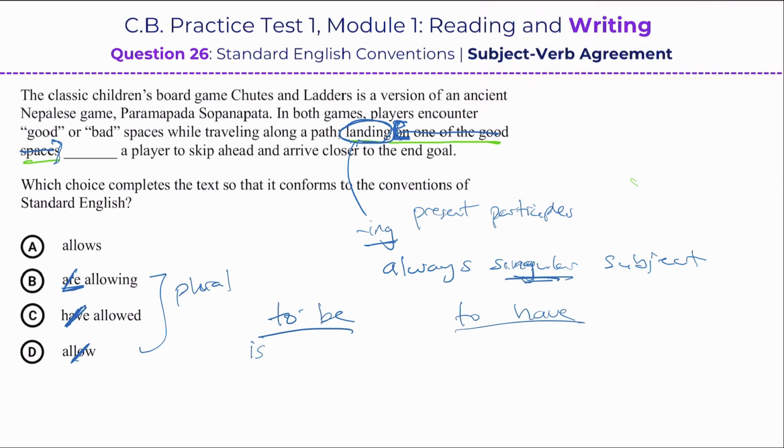It's just that is and are are present tense, and was and were are past tense. And then to have as well. The singular form of to have is has, and then the plural verb is have.